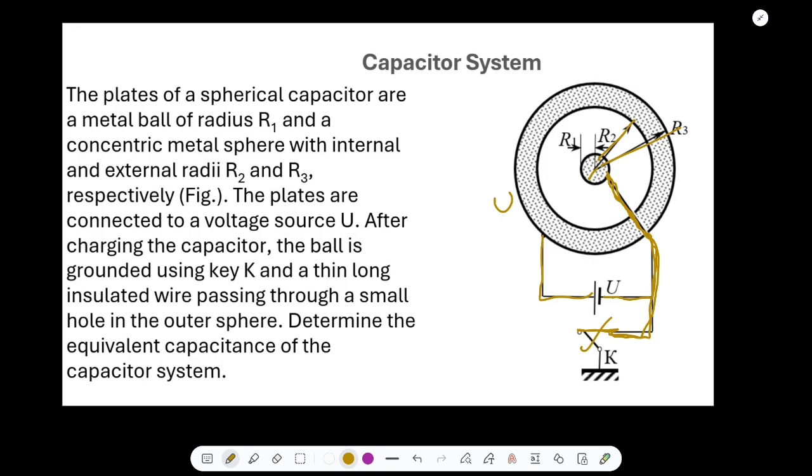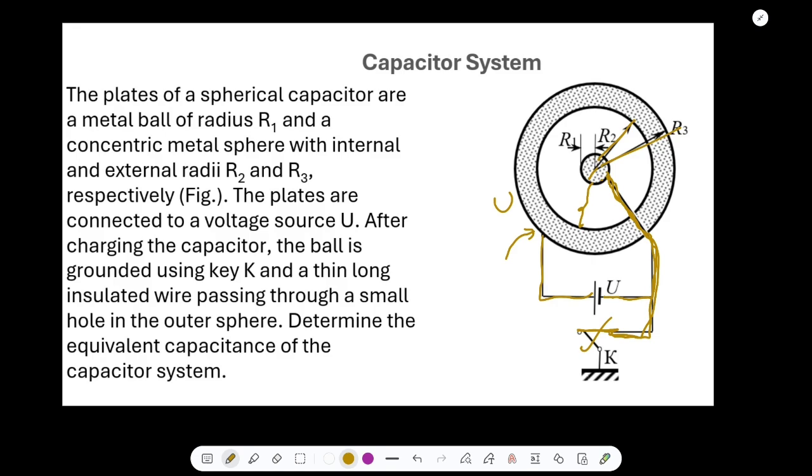Now we have basically a capacitance here. It is at lower potential and it is at higher potential, and we have another solitary sphere, an isolated sphere, of radius r3.